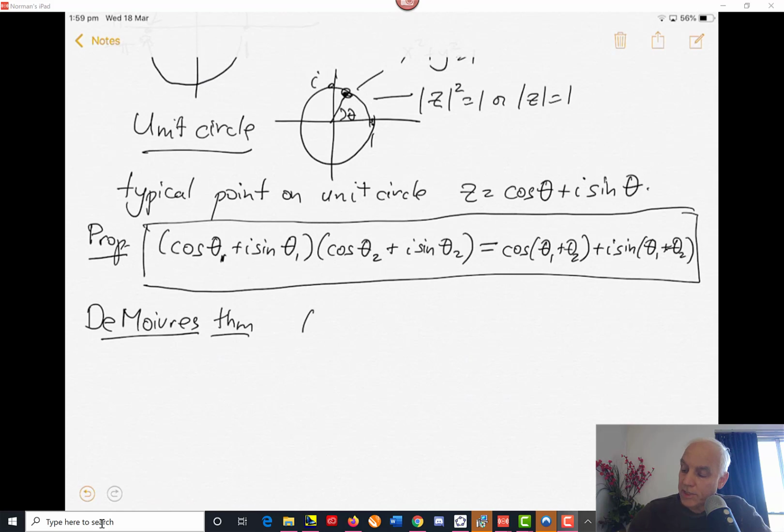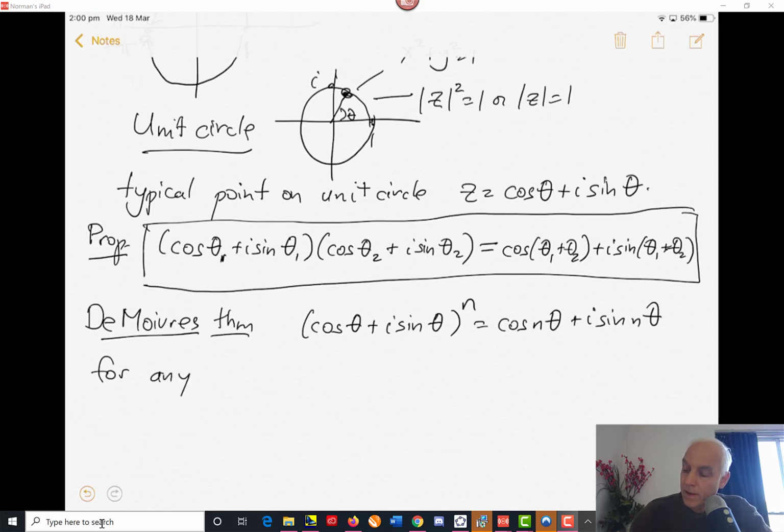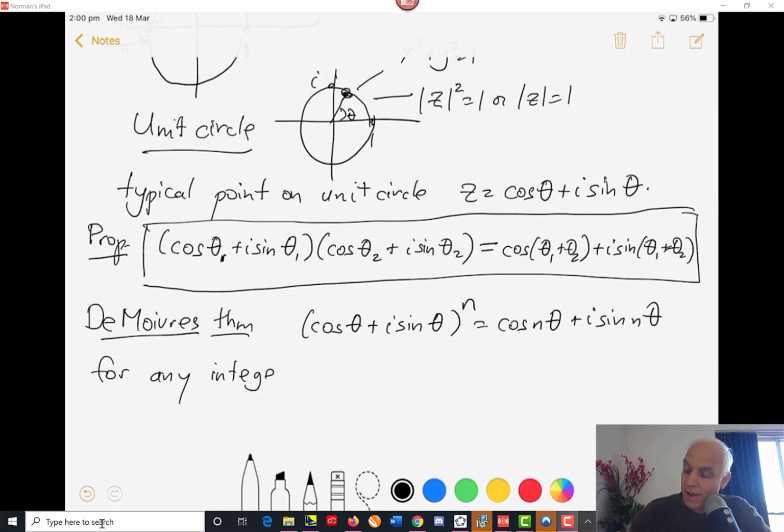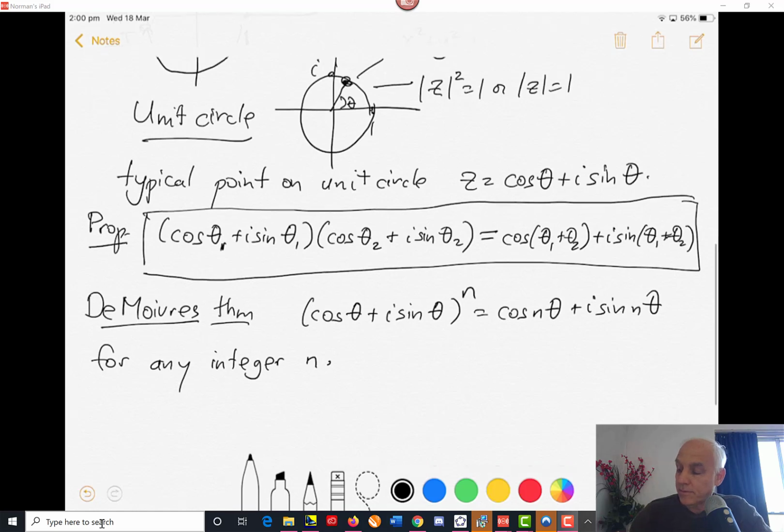And the theorem is that if we take, say, cos theta plus i sine theta, and we raise it to the nth power, then we get cos n theta plus i sine n theta. And this is for any integer n, so both negative and positive values.